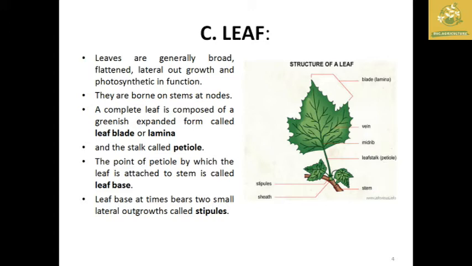A crisscross of numerous veins is present in the leaves, and the central vein where the veins diverge is known as the midrib. The leaf stalk holds the leaf to the branch. And stipules and sheath are present at the edge of the leaf stalk and the stem of the plant. So these are the parts we can classify in the leaves.